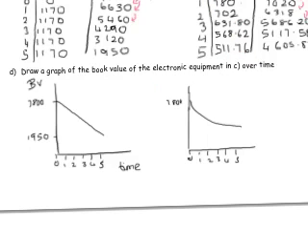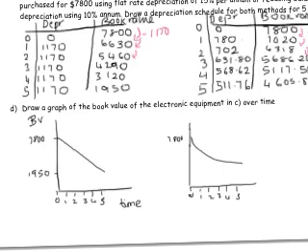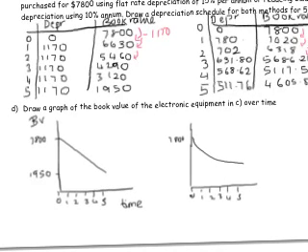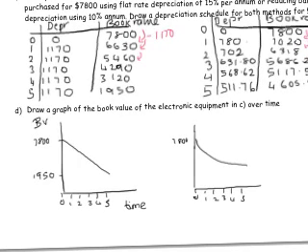And lastly, we've been asked to draw a graph of the book value of the electronic equipment over time. And what we can see is in the flat rate depreciation, it's called straight line because it's just going down in a straight line. It's dropping by 1,170 every time.